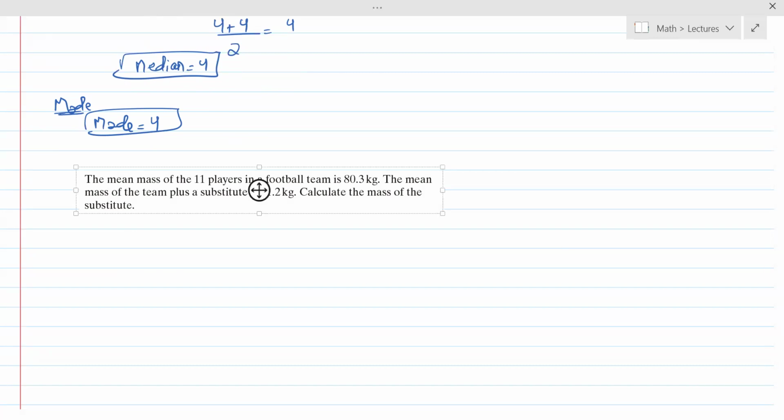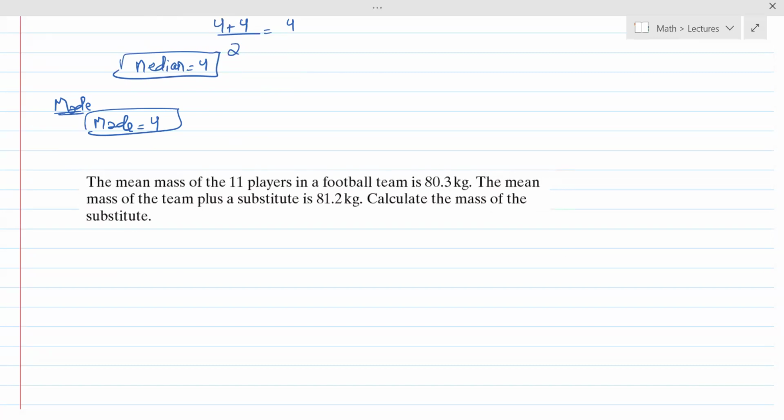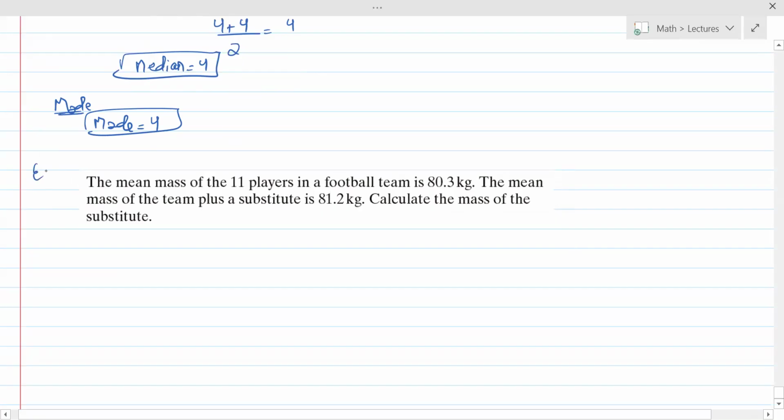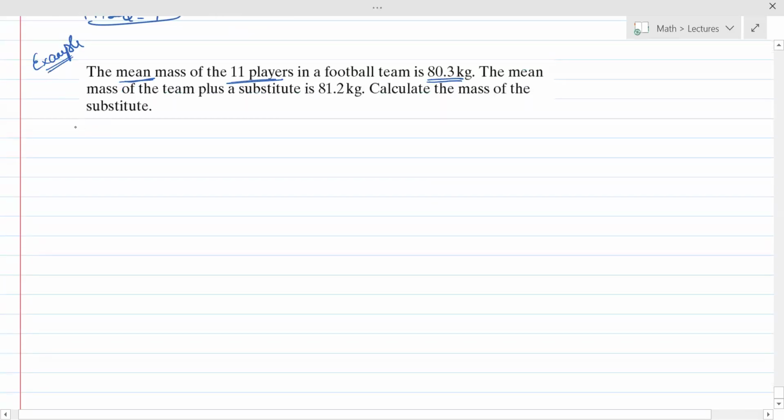Okay, so in this example, the question says the mean mass of 11 players in a football team is 80.3. So what we are given here is the mean of 11 players, that is 80.3 kg.